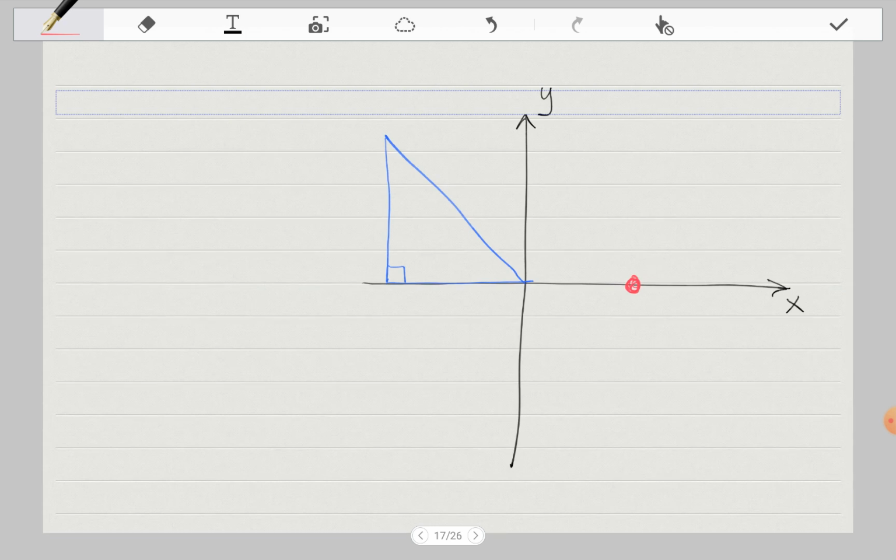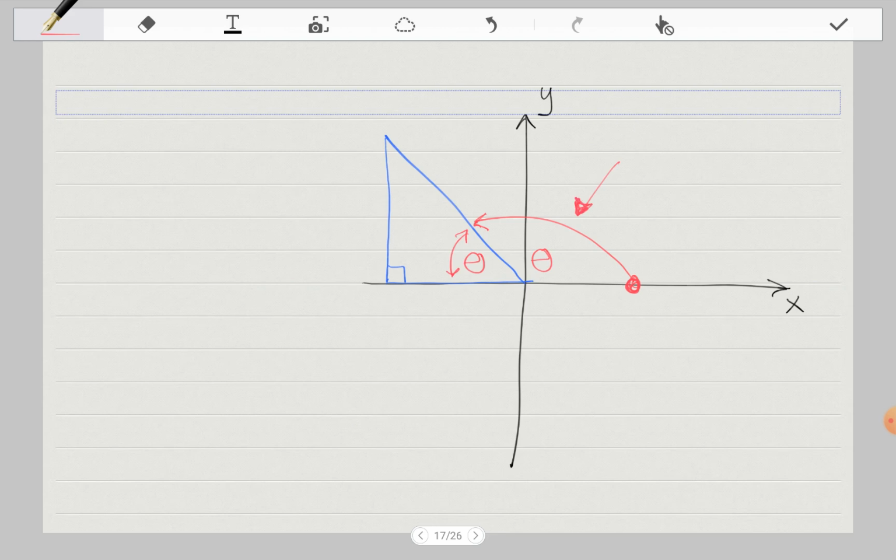We're going to start here and arc around. So this would actually be your theta if you think about it. Although you draw the theta in here, this is actually your theta right here.